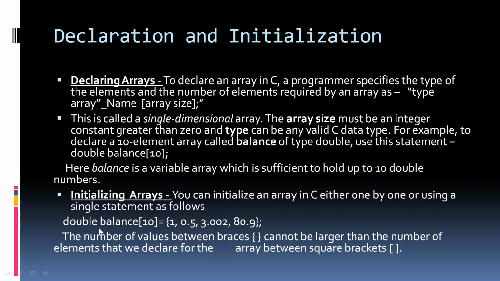We can initialize an array either one by one or using a single statement as follows. Here is an example: double balance with 10 in square brackets, in which we declare 1, 0.5, 3.08. The values within braces cannot be larger than the number of elements declared in the square brackets.